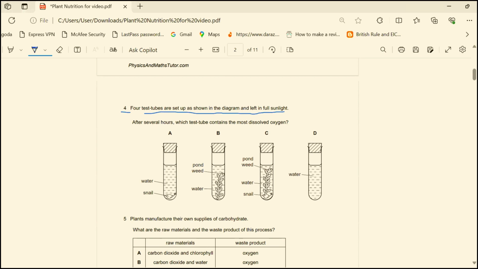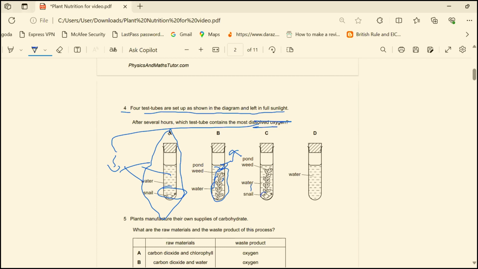Okay, so in this question, if we see in A, there is a snail. So the snail is going to use oxygen for its respiration. Hence, the oxygen will be less dissolved. Okay. On B, if we see the spawn rate, it will produce more oxygen, right? Hence, here the dissolved oxygen rate will be more.